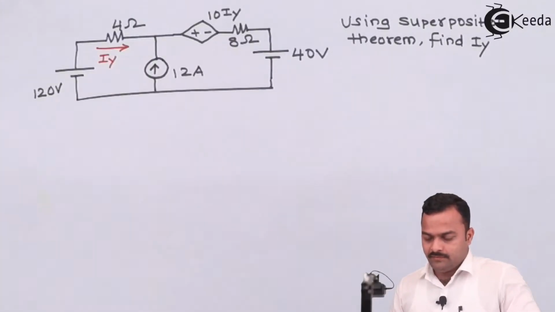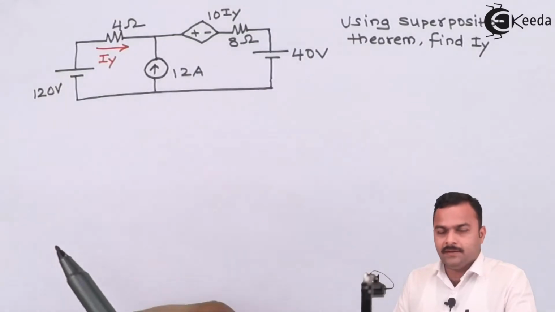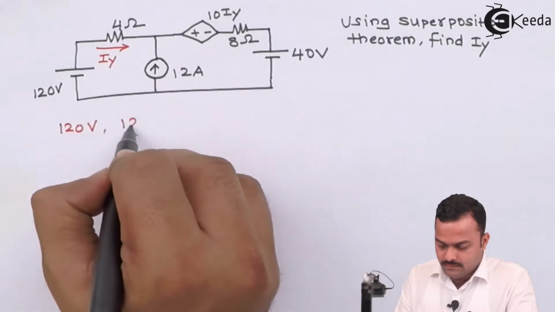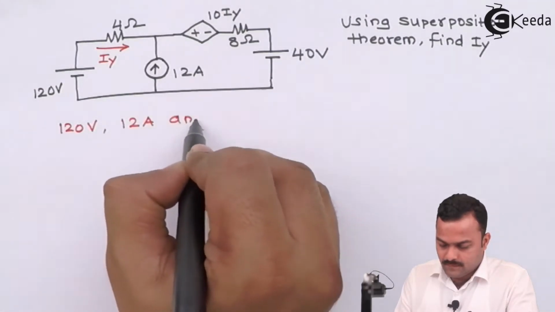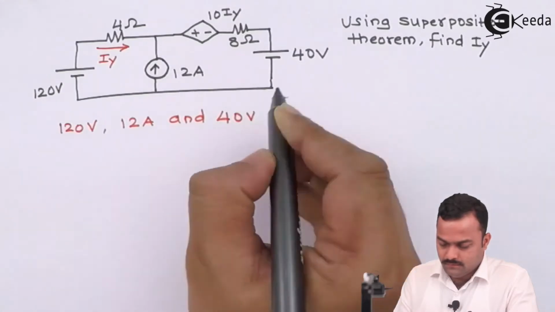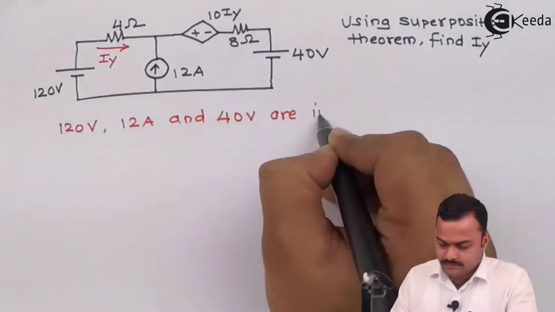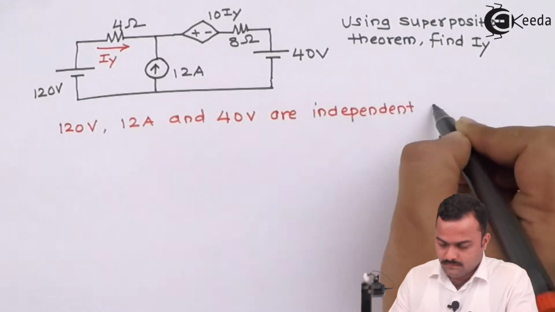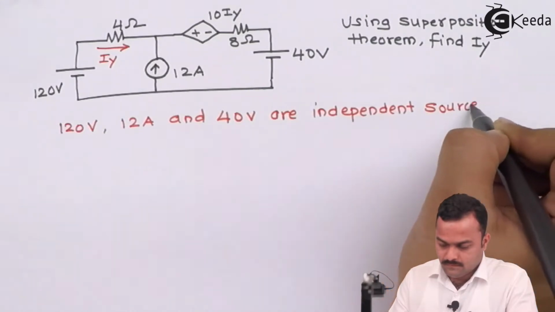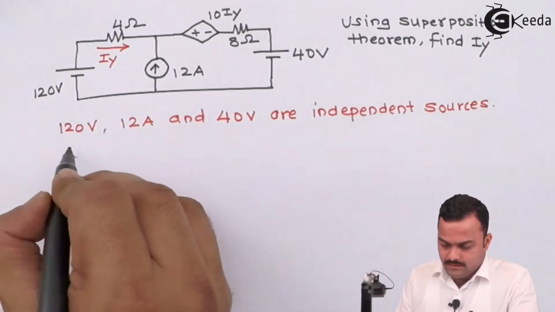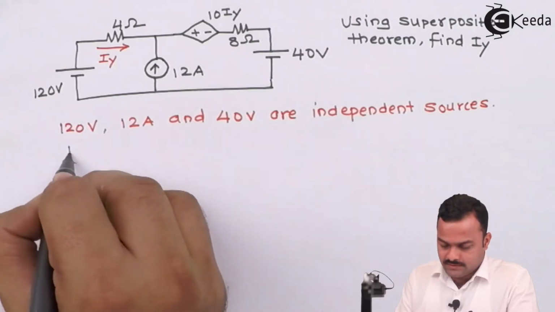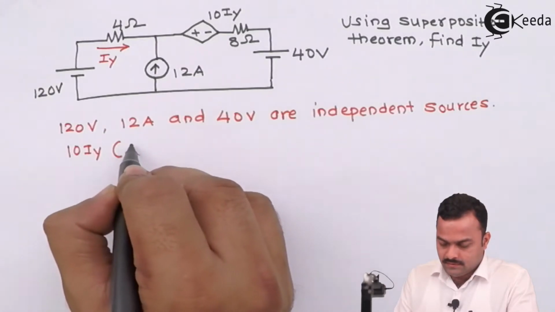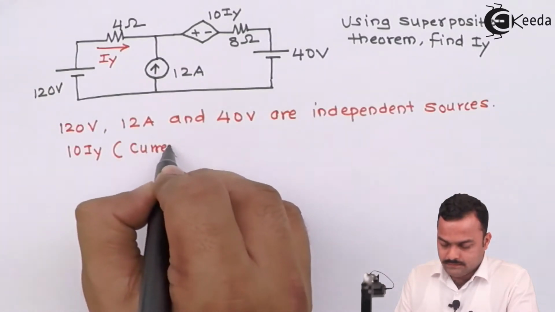So here in this problem we are having 1, 2, 3 independent sources. It's like 120 volt, 12 ampere and 40 volt are independent sources, and the only dependent source is 10 IY, and I can say it's a current controlled voltage source.